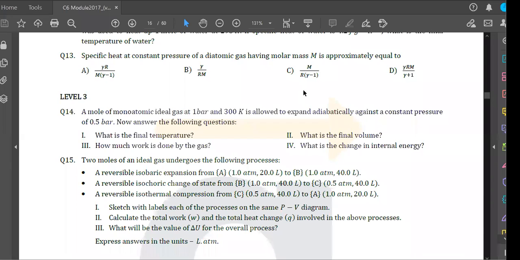Anyone have any doubts? Tell me. 13, 14, 15. We will solve each and every problem.